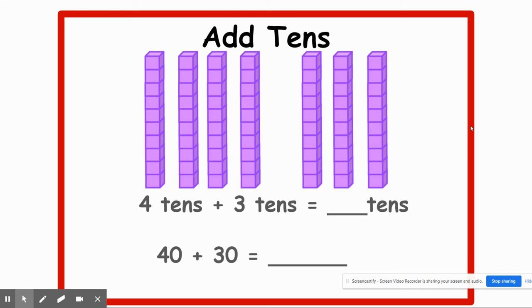Here's your next one. 4 tens plus 3 tens equals blank tens. Pause and solve now. 4 tens plus 3 tens equals 7 tens. 40 plus 30 equals 70.